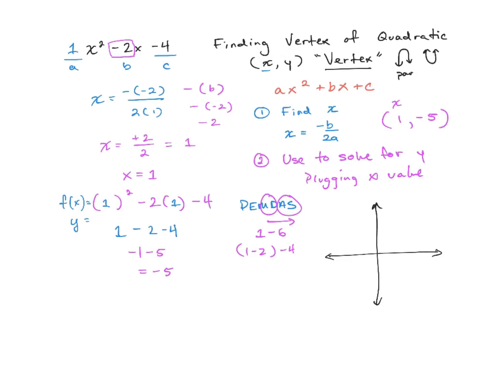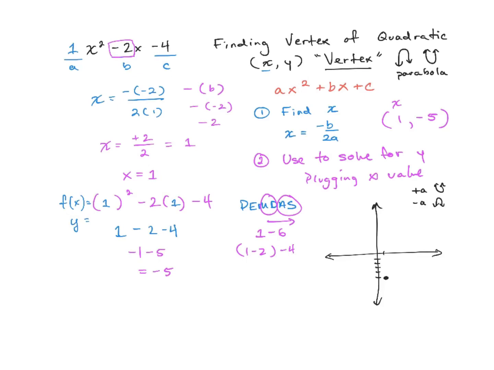What we want to do is go to our point (1, negative 5) and plot that point, and use the key understanding that if my a is positive, the graph will be facing upward, or if my a is negative, it'll be facing downward. So in this case, it is in fact facing upwards because our a was positive.